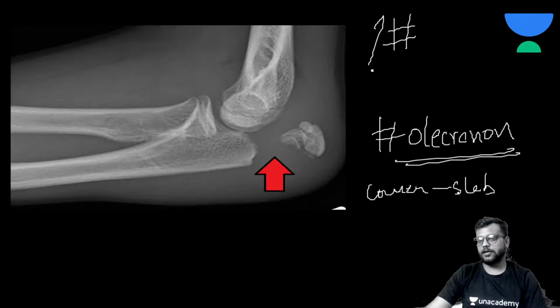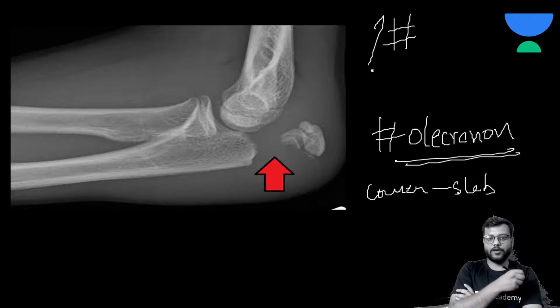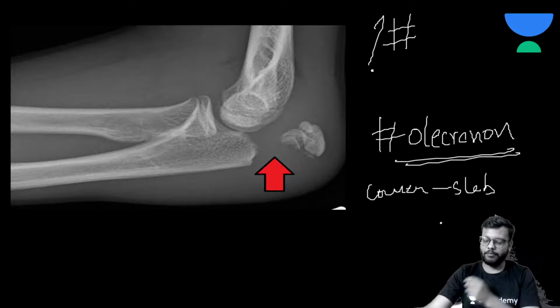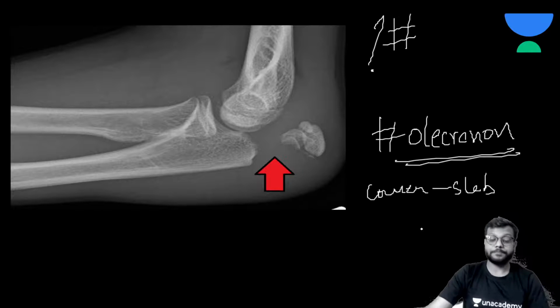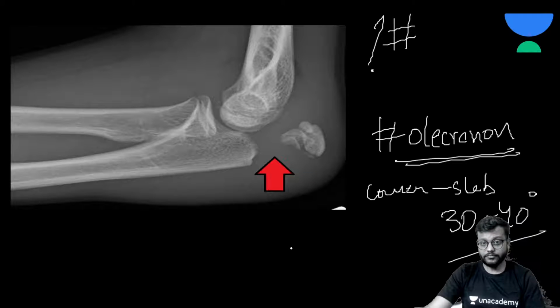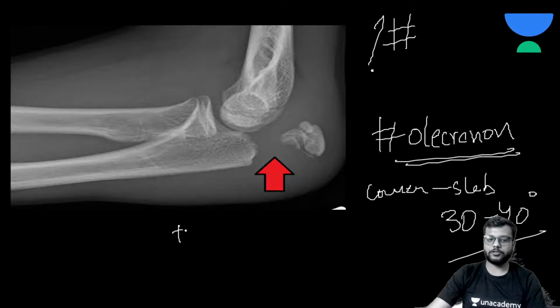And remember, the slab is not applied in 90-degree flexion of elbow here. Here we give the slab at 30 to 40-degree flexion. Okay. And if there is distraction or comminution, you have to go for surgery, and surgery here is TBW, tension band wiring.